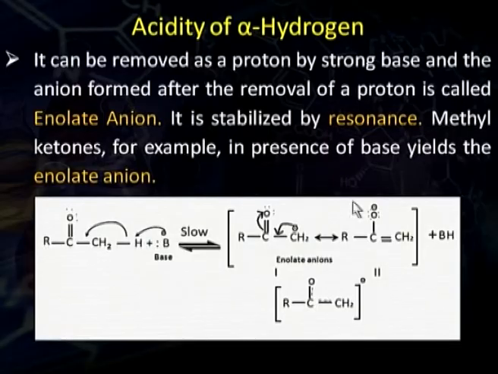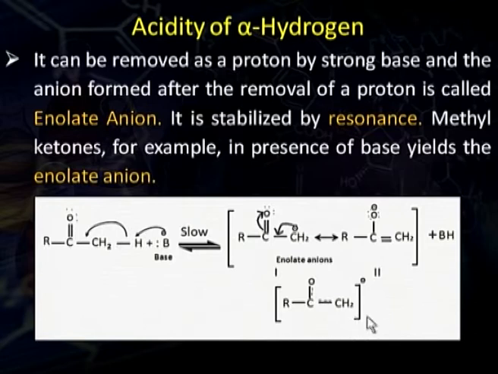But structure 2 contributes more towards the resonance. Why does it contribute more? Because in this case the negative charge is carried by oxygen, and in structure 1 the negative charge was carried by carbon.